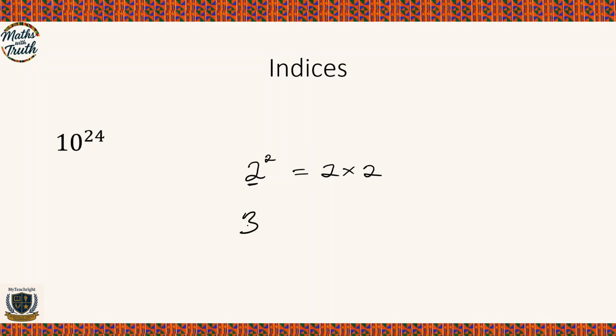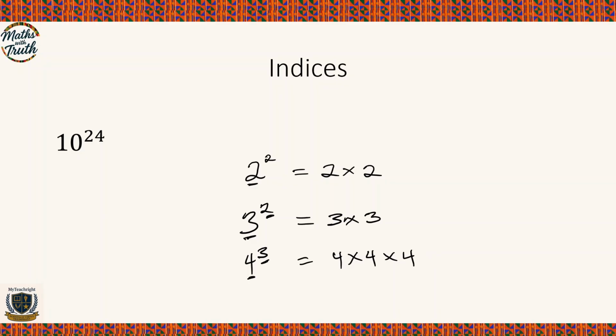Or when you have 3 exponent 2, that means 3 multiplying itself 2 times. So 3 times 3. If you have 4 exponent 3, that is 4 multiplying itself 3 times, we have 4 times 4 times 4.